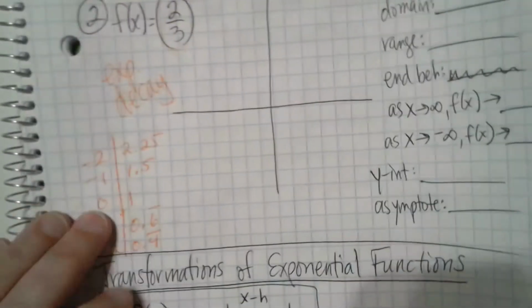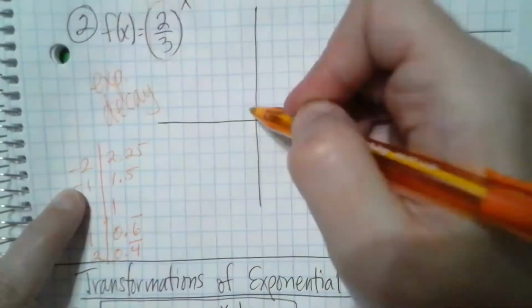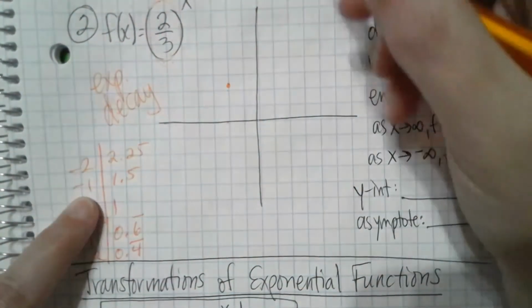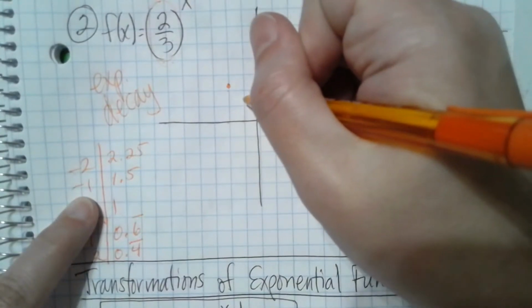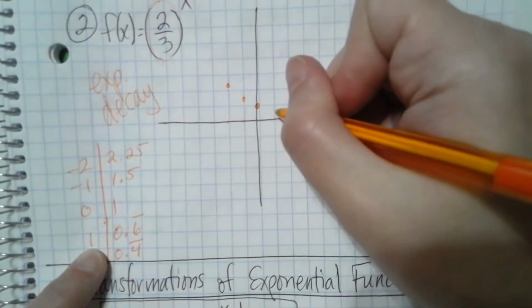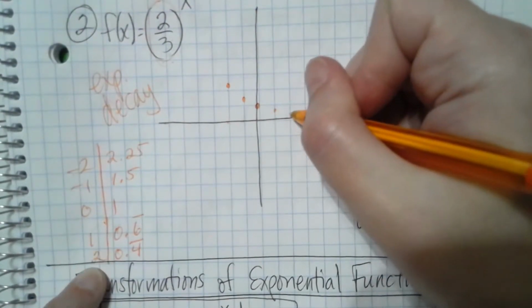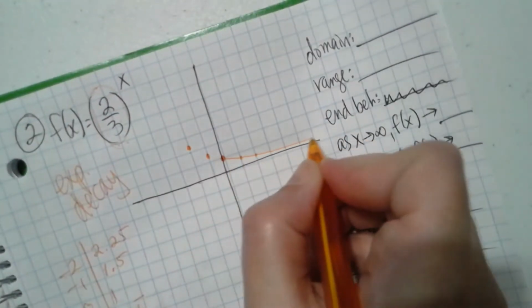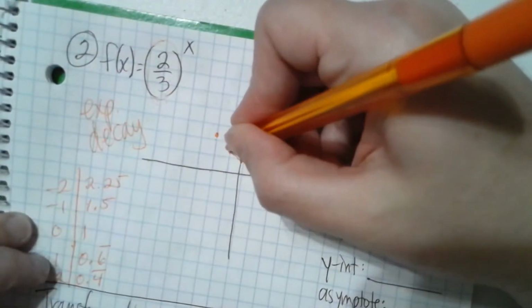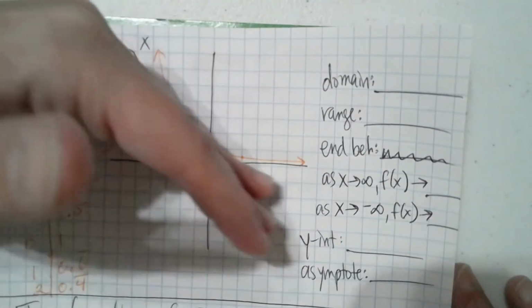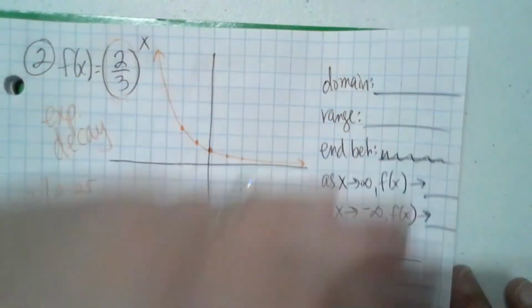So negative 2, 2.25-ish; negative 1, 1.5; 0, 1; 1, 0.6; 2, 0.4, getting lower and lower as we come this way, and as we go back up this way, up forever and ever. So from left to right, this is our decay. It's getting lower as our x values get bigger.